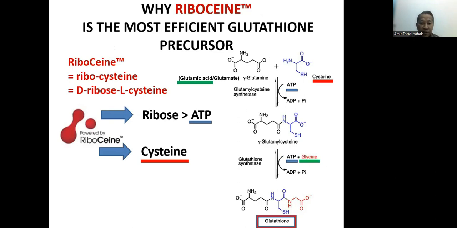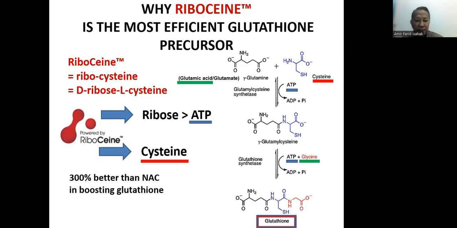Okay, to explain again why Ribosine is the most efficient glutathione precursor: not only do you get cysteine, you also get the ATP, and you can see from the diagram of the synthetic pathway, or how glutathione is manufactured from its component amino acids, that the ATP, which I have underlined in blue, is needed in two places, and Ribosine provides both the cysteine and the ATP.